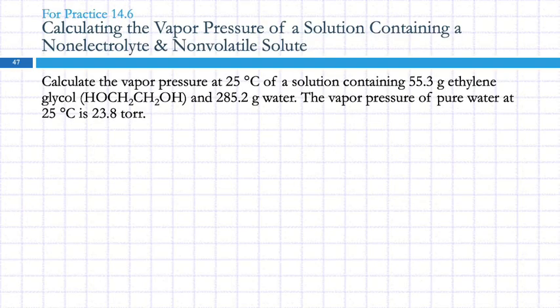So calculate the vapor pressure at 25 degrees C of a solution containing 55.3 grams of ethylene glycol and 285.2 grams of water. The vapor pressure of pure water at 25 degrees Celsius is 23.8 torr.